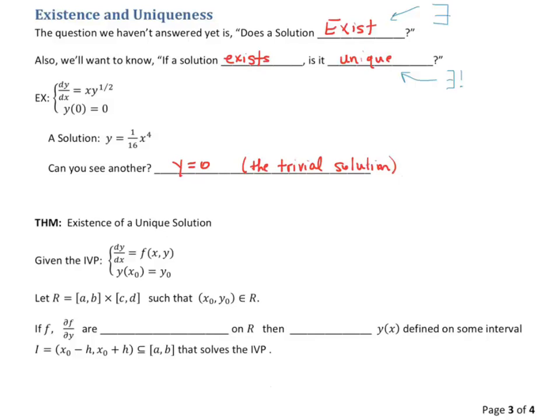Now, how do we know on all our previous examples that the solutions that we came up with were our only solutions? Well, there are ways for us to confirm that. In fact, I'm going to give you one theorem here, which is a rather weak theorem, meaning the conditions here are actually relatively strict.